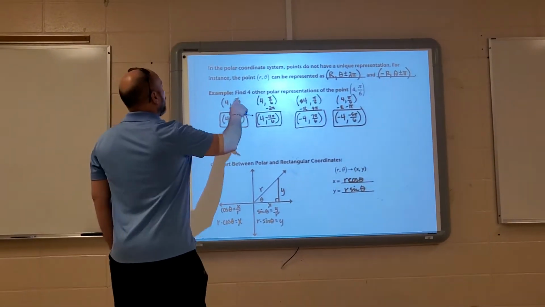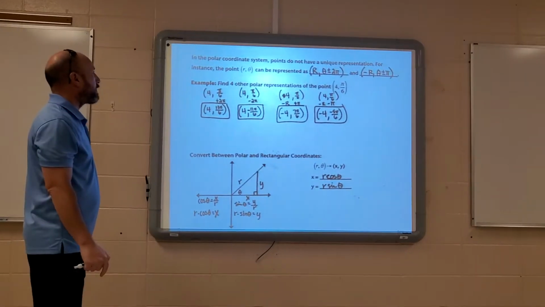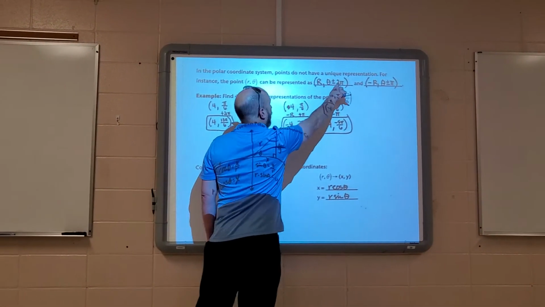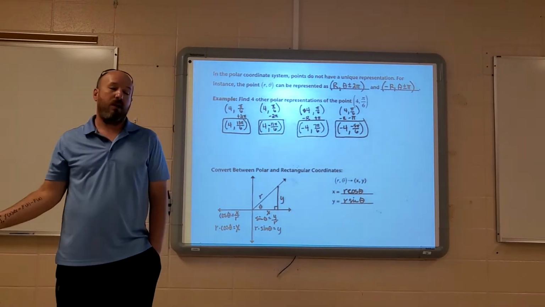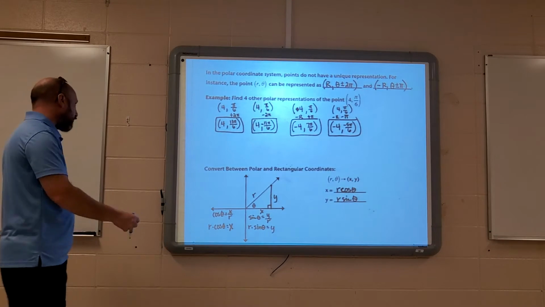So, in polar coordinates, points do not have a unique representation. For instance, the point (r, theta) can be represented as (r, theta plus or minus 2 pi). And if you remember back to the unit circle, 2 pi was just a whole trip around the circle.